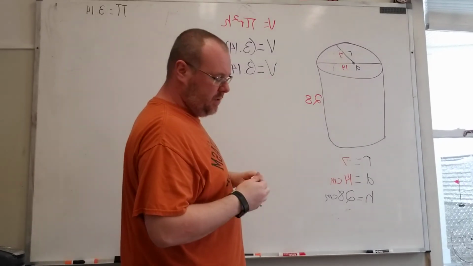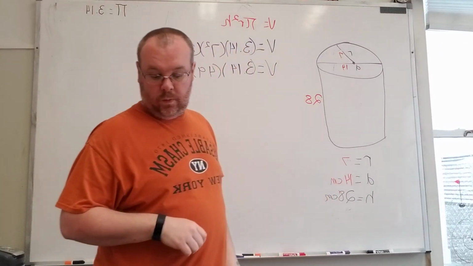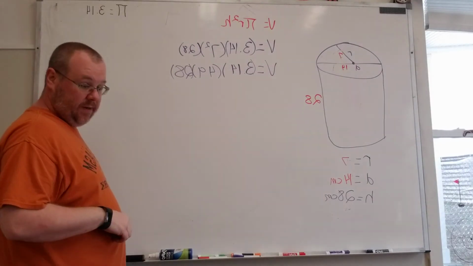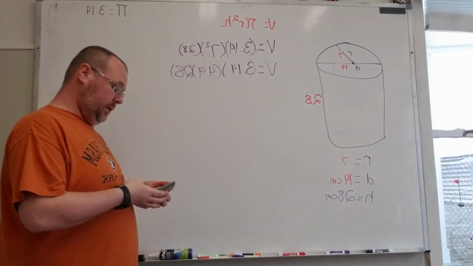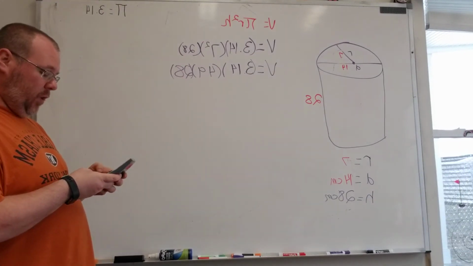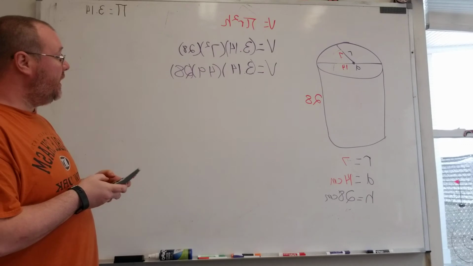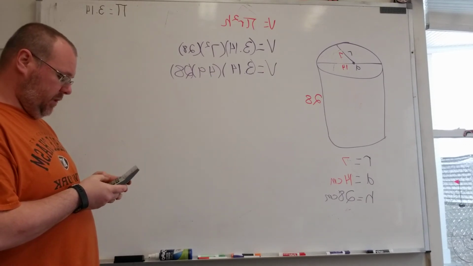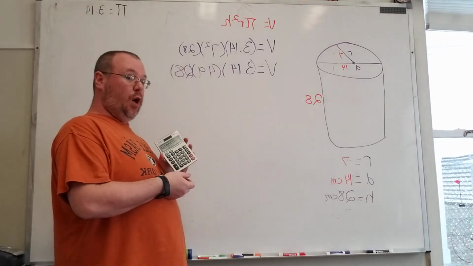So let's multiply those 3 numbers together. As soon as I find my calculator. So we have 3.14 times 49 times 28.